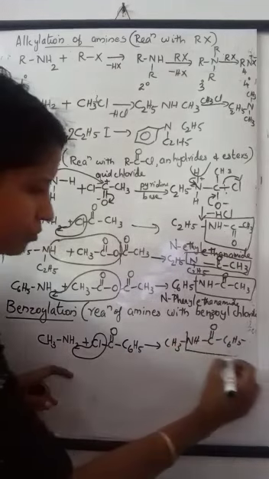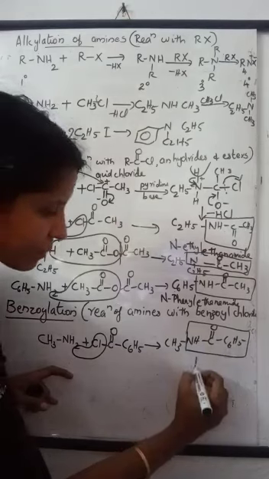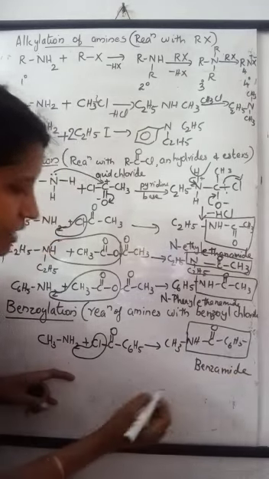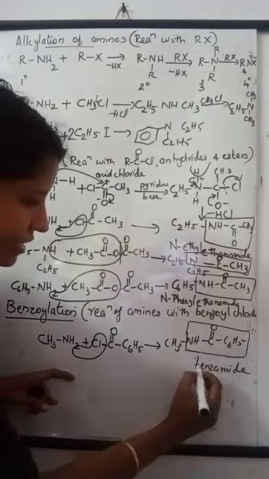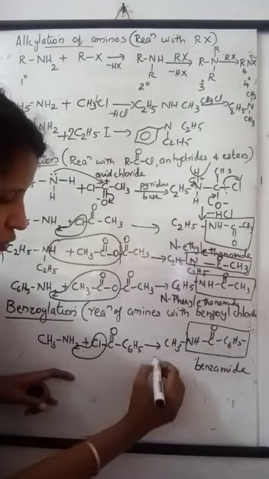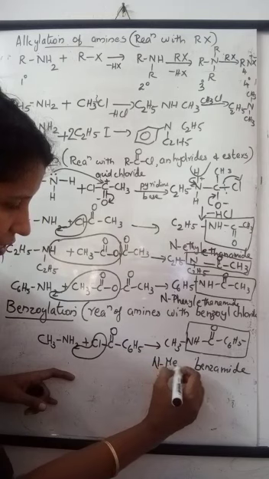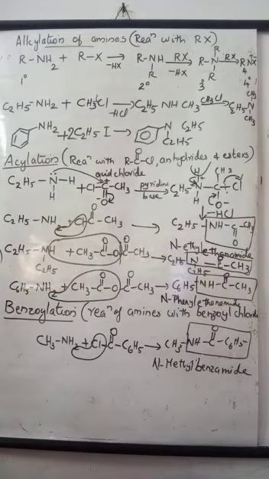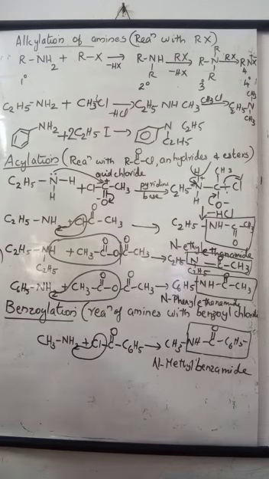This compound is called benzamide. In this benzamide, nitrogen contains a methyl group, so this is N-methyl benzamide.